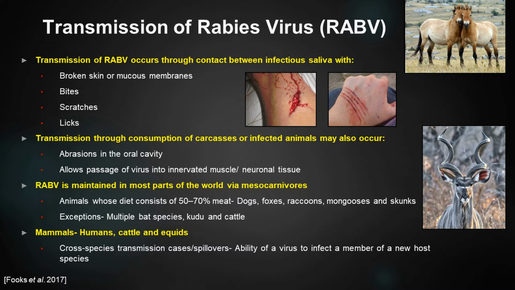But it has been shown that they can serve as reservoirs for the virus as well. In the case of humans, cattle, and equids being infected, those cases are called spillovers, which can occur when the virus gains the ability to infect a member of a new host species.